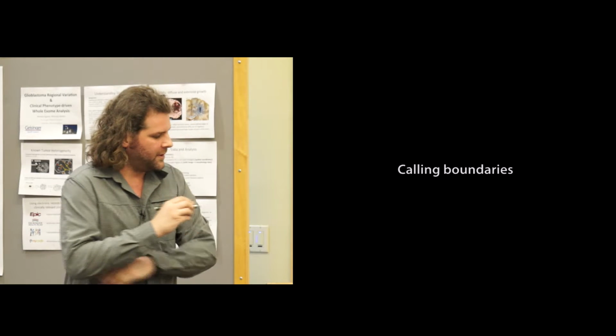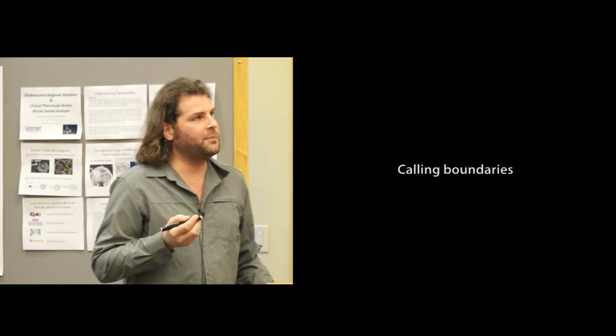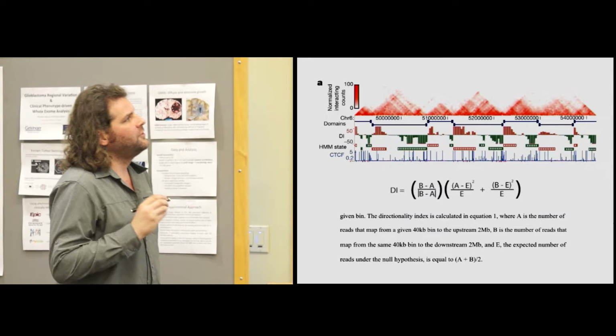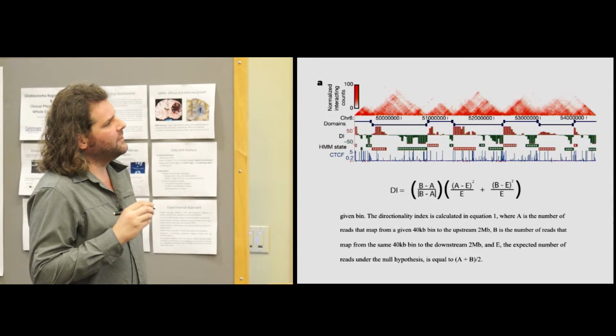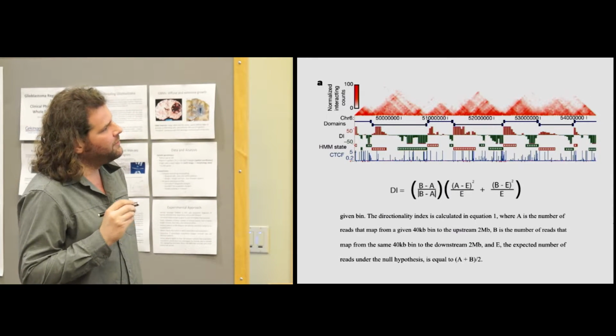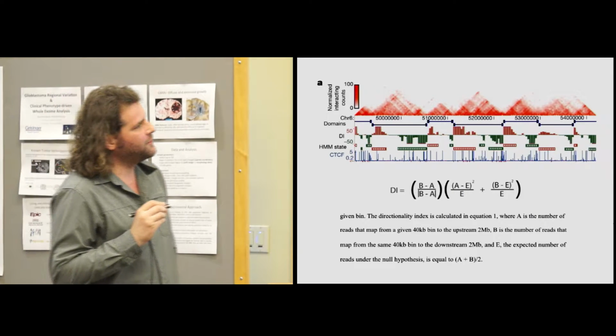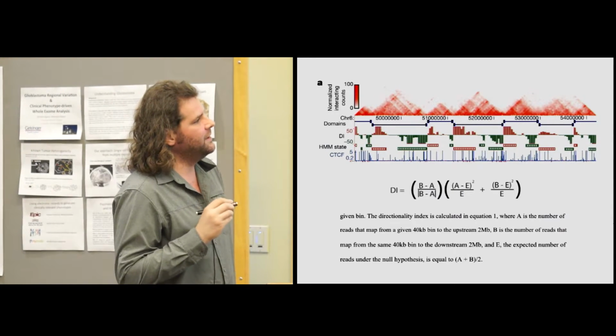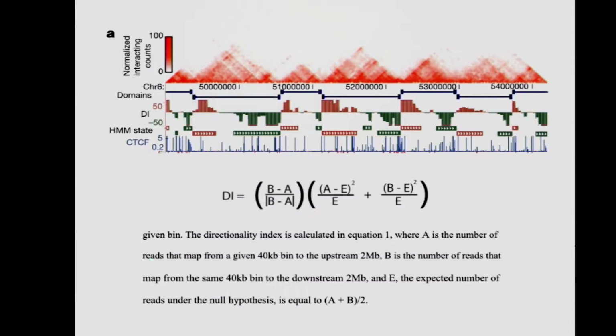Okay, so a little more informatics. One of the things that we probably want to do is actually call these boundaries. This is how that Dixon paper did it, I mentioned this directionality index before, and the idea is basically that we look at reads mapping from a given 40 kb bin, 2 megabases upstream versus 2 megabases downstream, right?